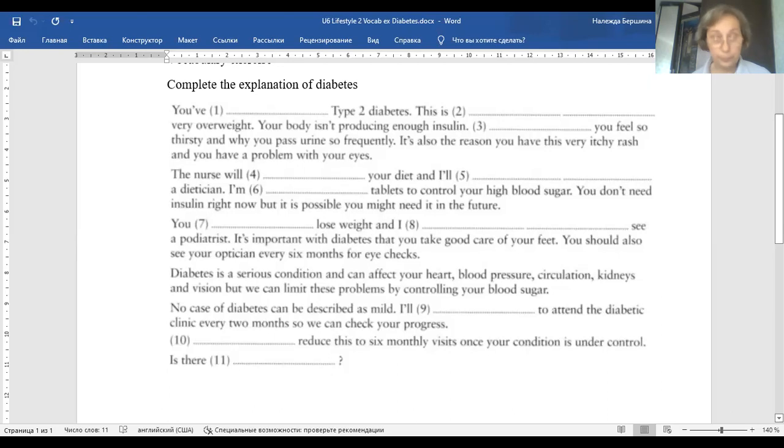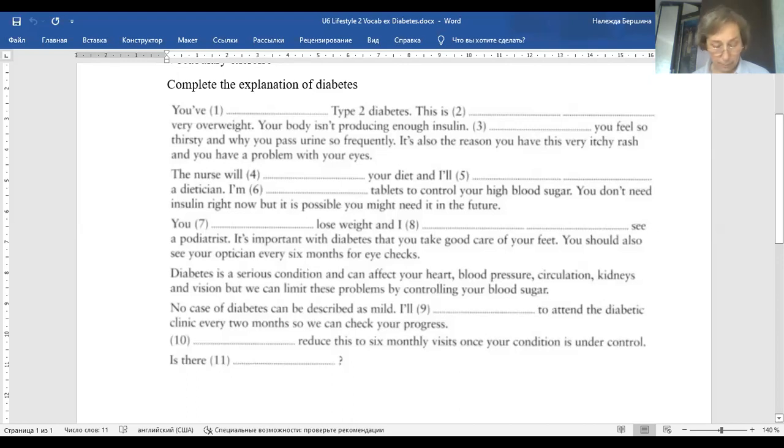Yosif, hello. What can we use here? I'll attend diabetic clinic. I think it's similar to number 8. Do you remember what we used in number 8?